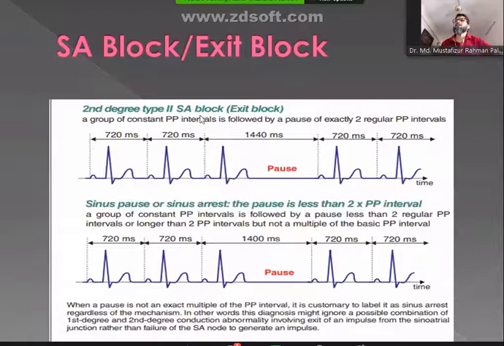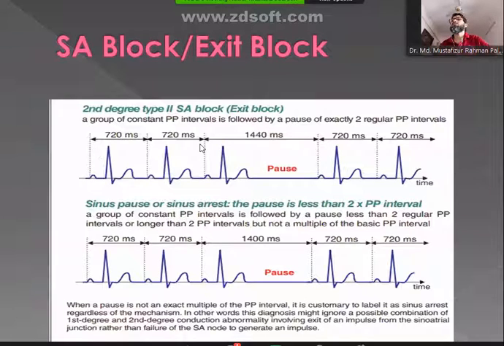The type 2 SA block, or exit block, shows group beating: a group of PP intervals that are all regular, but then there is a pause of exactly twice the PP interval.